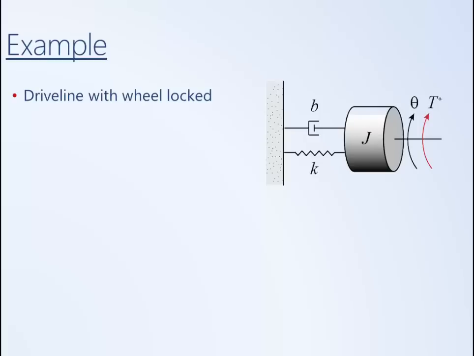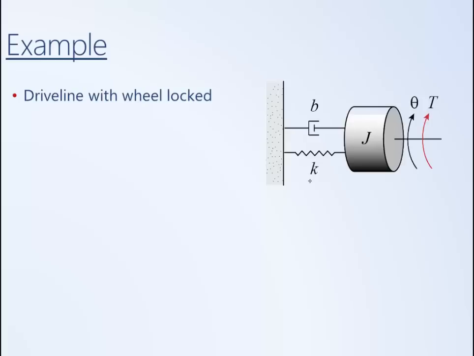On one end of the inertia is an externally applied torque, either from an electric motor or from the IC engine attached to that end. On the other end is fixed, so it's not rotating at all, and so that's the wheel being locked up, the wheel not rotating.